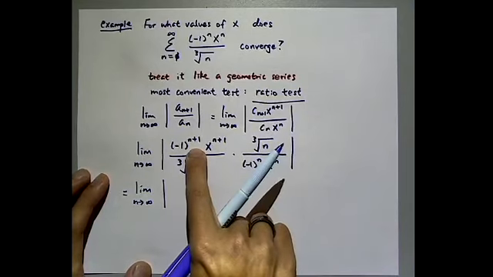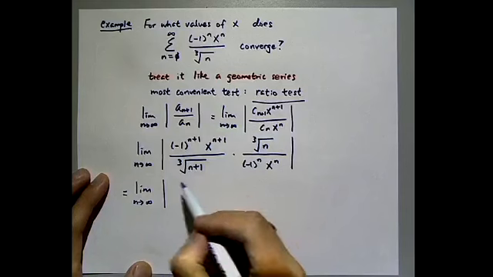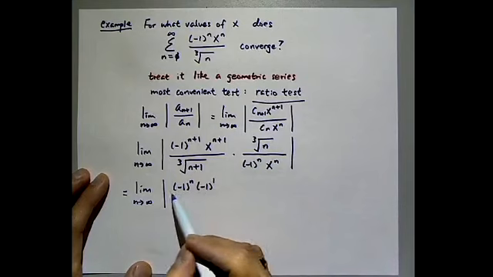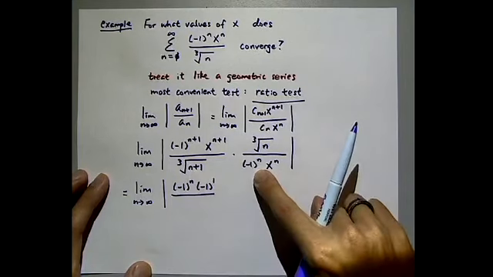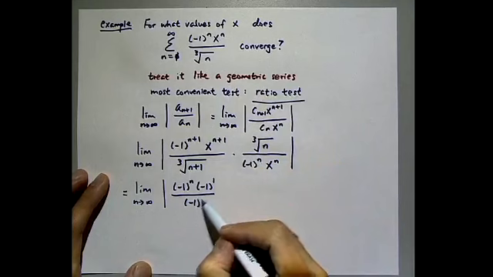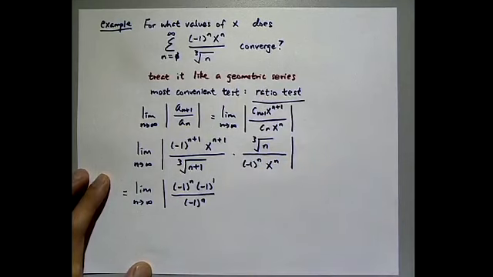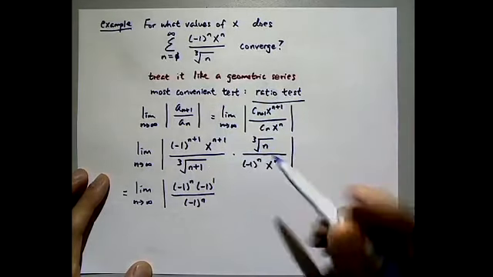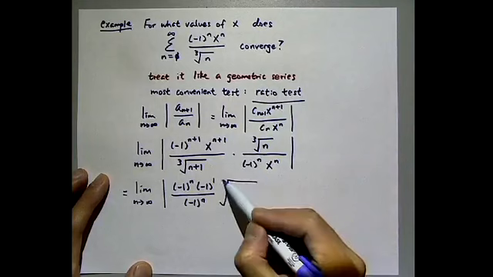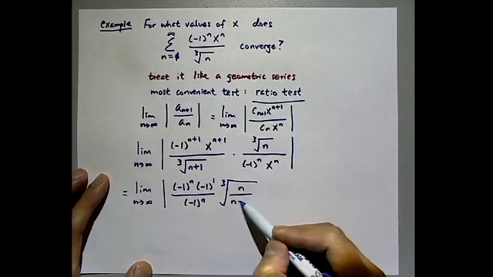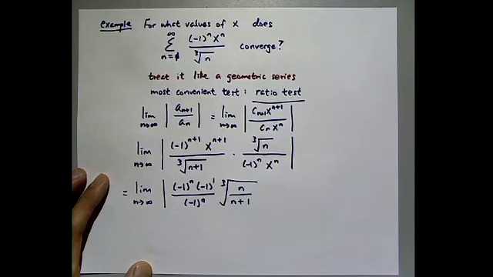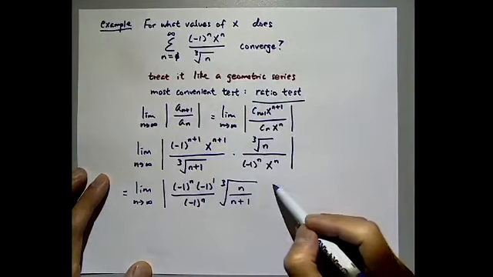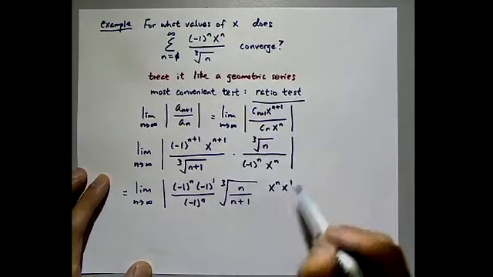I have (-1)^(n+1), and then downstairs, I have (-1)^n. Then I have the cube root of n over the cube root of n plus 1. That's equivalent to the cube root of the whole thing, n over n plus 1. And then finally, x^(n+1) over x^n.